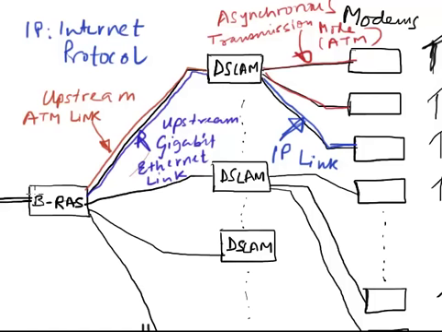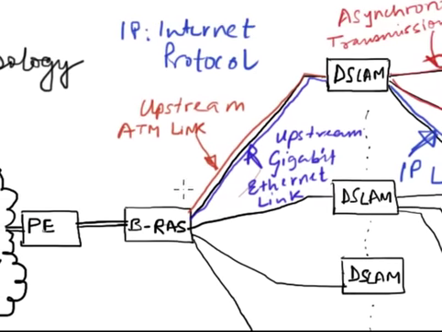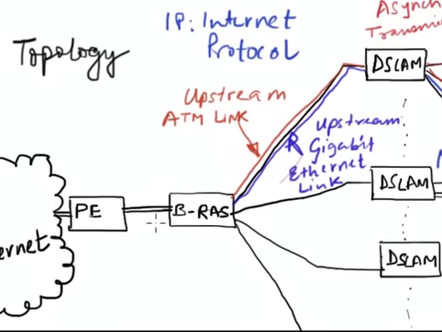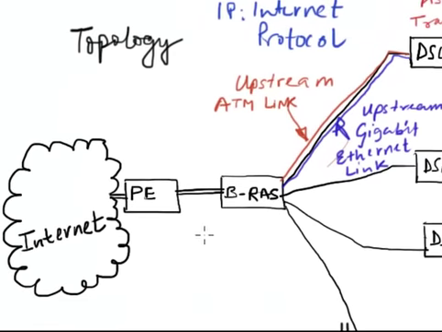Upstream links are high-capacity links, usually built on gigabit or, in older implementations, asynchronous transmission mode or ATM technologies. Through these links, the DSLAM connects to an element called the Broadband Remote Access Server, or BRAS, that sits at the edge of the communication service provider's network. One key function of the BRAS is to authenticate each subscriber to prevent fraudulent or unauthorized use of DSL services.